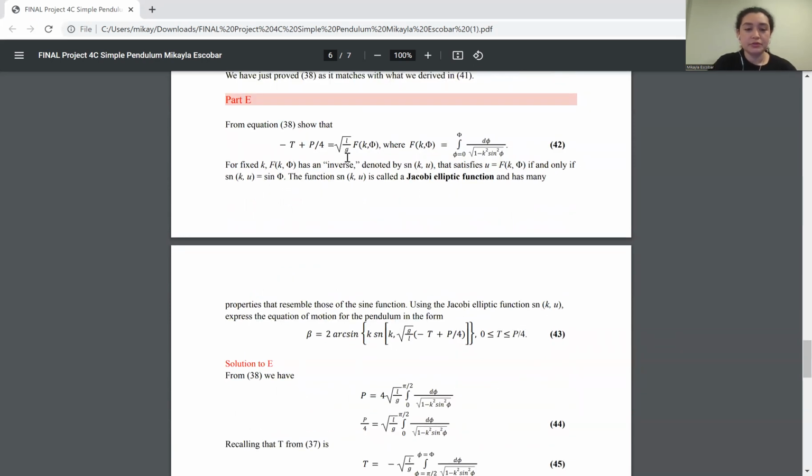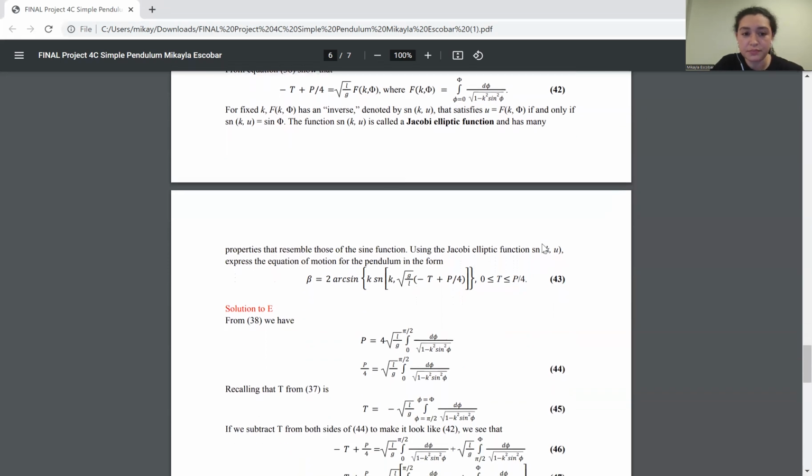Part E. We're going to use equation 38 to show that negative T plus P over 4 is equal to the square root of L over G times the function F of k comma phi, where F of k comma phi is equal to this integral here.